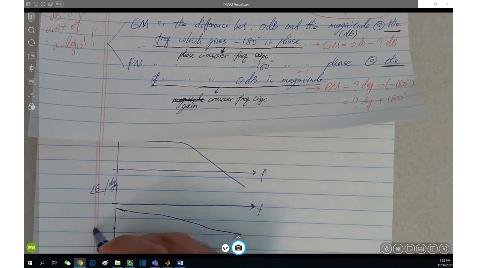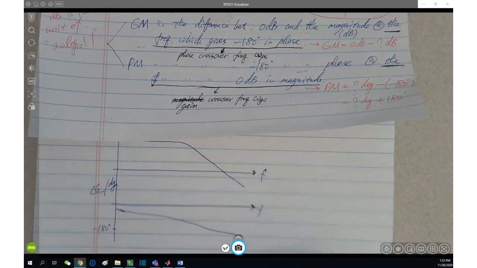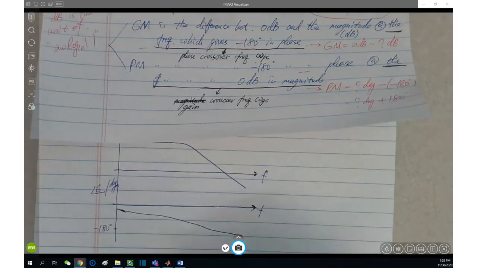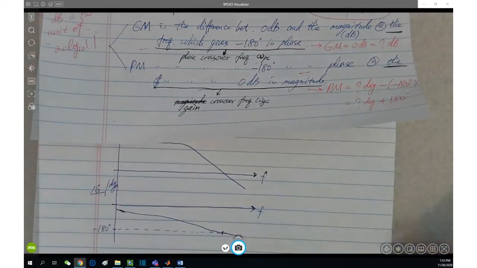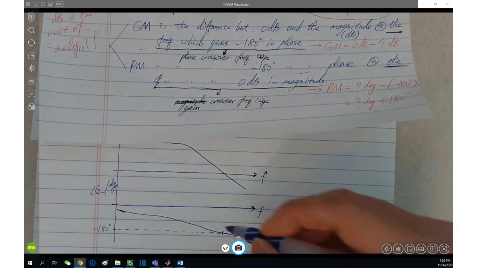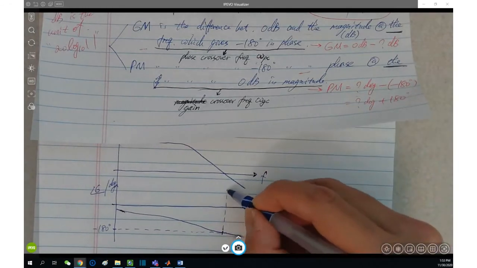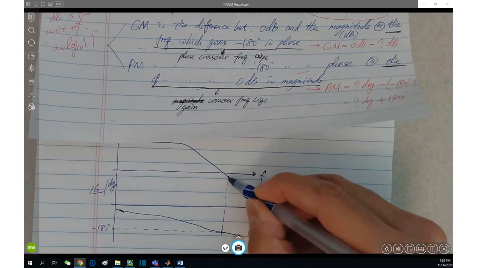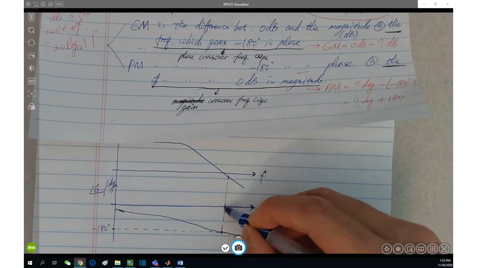For example, negative 180 degree is down here. And what we need to do is just find the intersection with the Bode plot, which is this point, and then we go up to read the frequency.